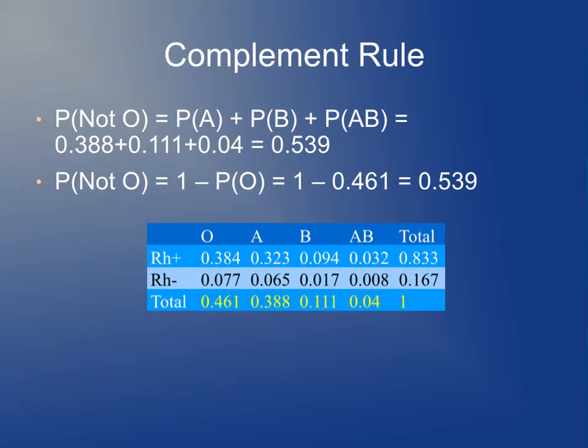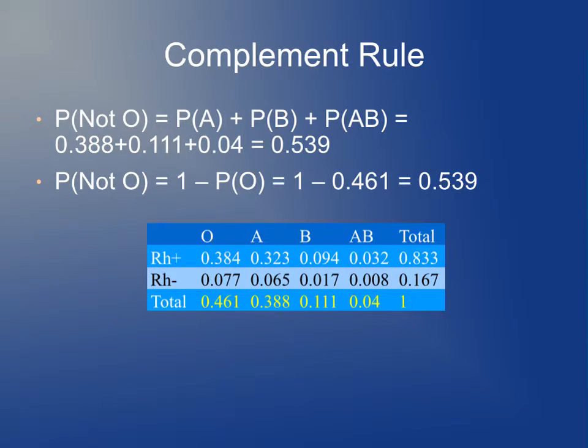0.539. And when you have only 4 possible outcomes, that's easy enough to do, but in some cases there may be a longer list of possible outcomes and you may not want to do all that math, but there's a shortcut that we can take.